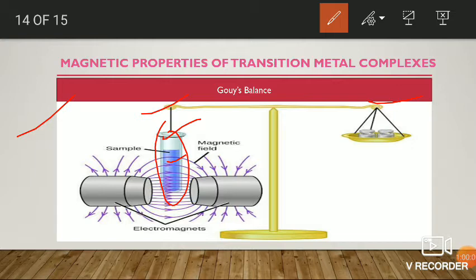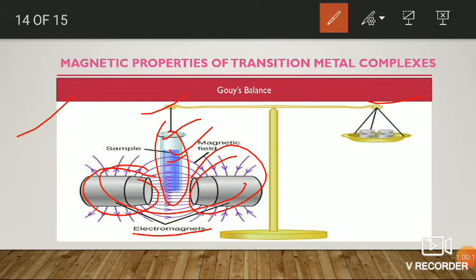We place this sample tube along with the sample within the external magnetic field. Here these two are the north and south poles of the external magnetic field, that is, an electromagnet. If the compound is a magnetic substance, it is attracted by the field, the balance comes down, and we get more weight than the weight of the sample in the absence of the external magnetic field.